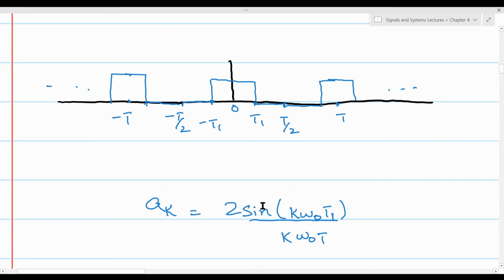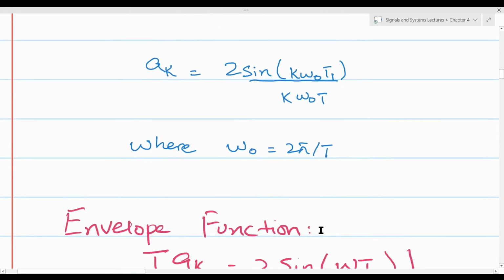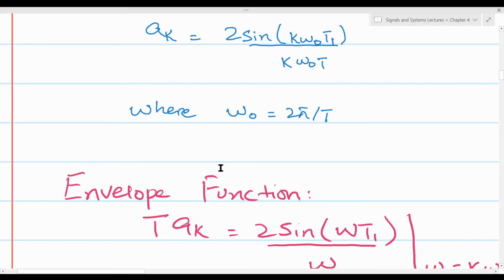The Fourier series coefficients identified in example 3.5 were something like this: a_k = 2 sin(k omega naught t1) divided by k omega naught T, where omega naught is the fundamental frequency defined as 2 pi by T. Now let us define an envelope function of T a_k, like T times the Fourier series coefficients. While defining the envelope function, we will replace these discrete k omega naughts with a continuous variable omega.